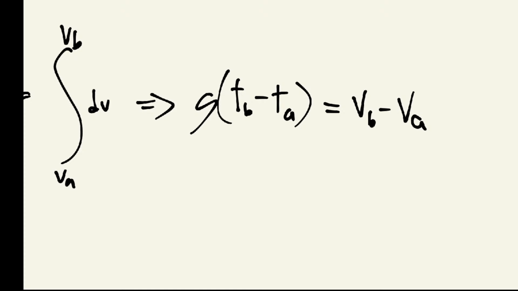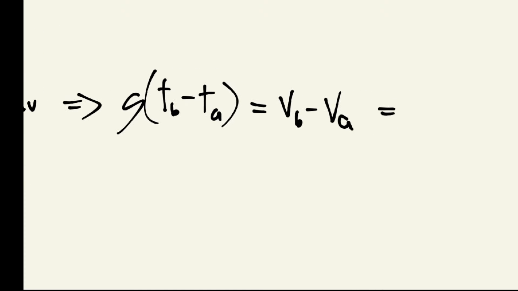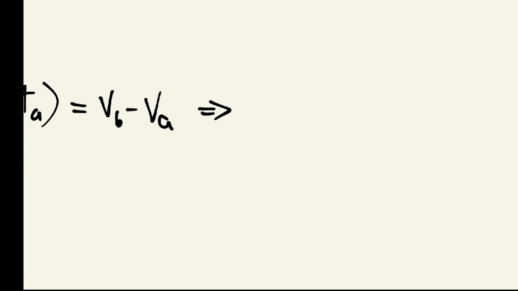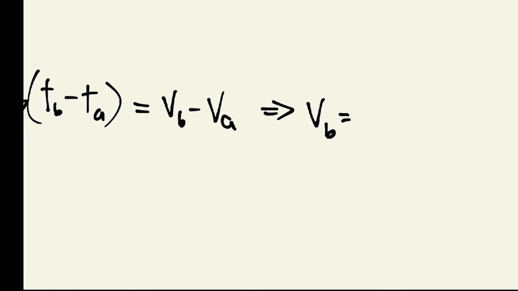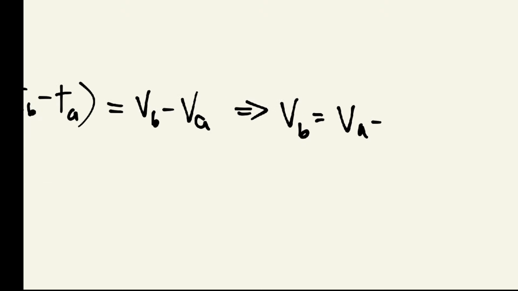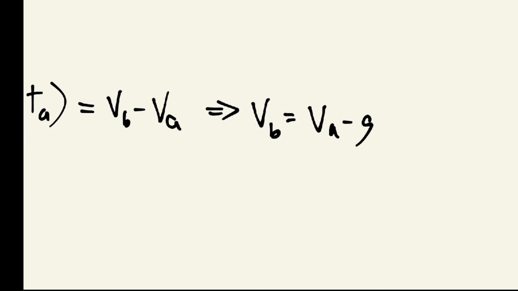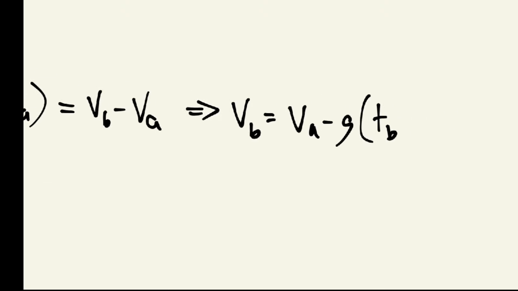Okay, and so now what this tells me is that vb equals va minus g times tb minus ta.